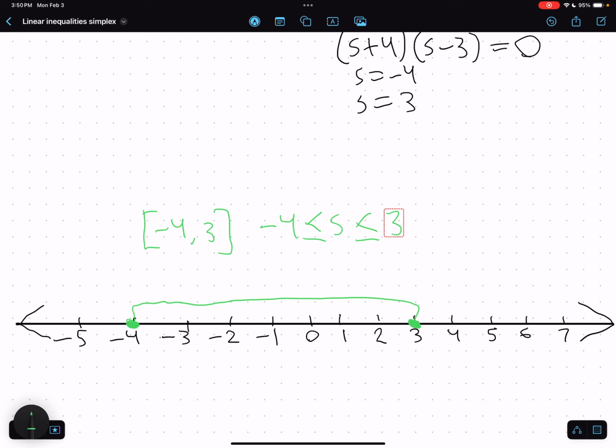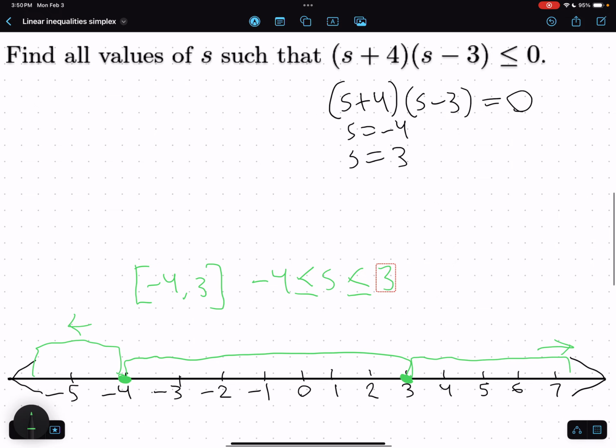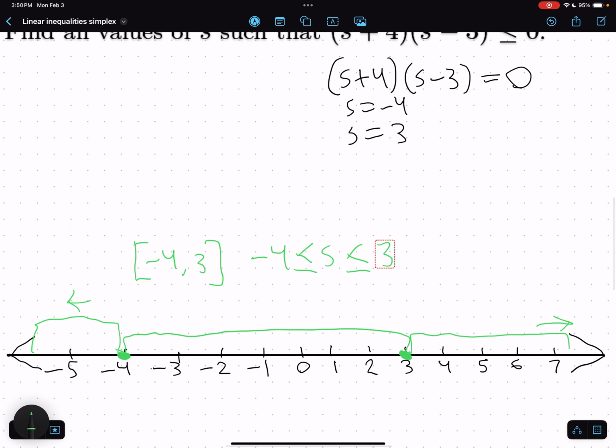We've got the region between negative 4 and 3, this portion onwards, and this one back here. So what we're going to do is test points within each of these regions to find out whether the product, when plugged into this original inequality, is going to be positive or negative.